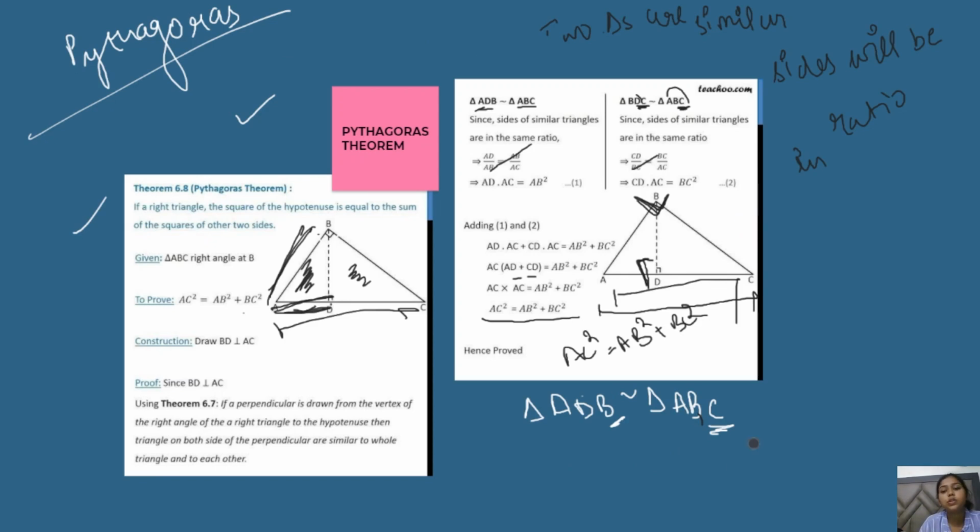According to the theorem, whenever two triangles are similar, the sides will be in a definite ratio, and we cross multiply them and get two equations. Just add the two equations and you will get your result. This is how you can prove the Pythagoras theorem.